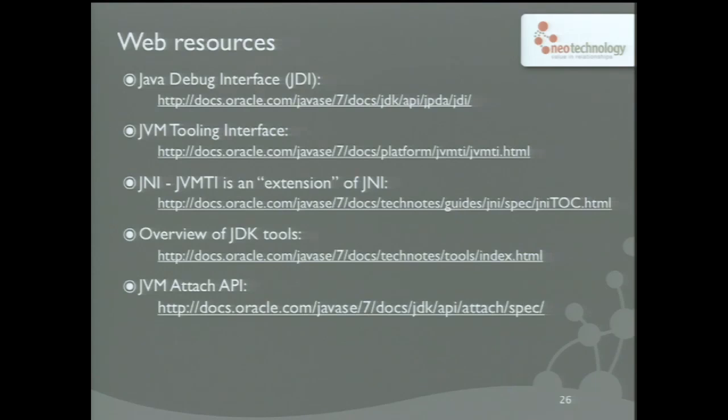When building this stuff, I was constantly flipping through the JVM tooling interface documentation, as well as the JNI documentation. Even if you're going to hate me for this, I actually like JNI. I think I might be the only person in the world who likes JNI. But even if I do like it, I don't use it that often, so I don't remember all of it. Having these resources available when building this stuff was crucial.